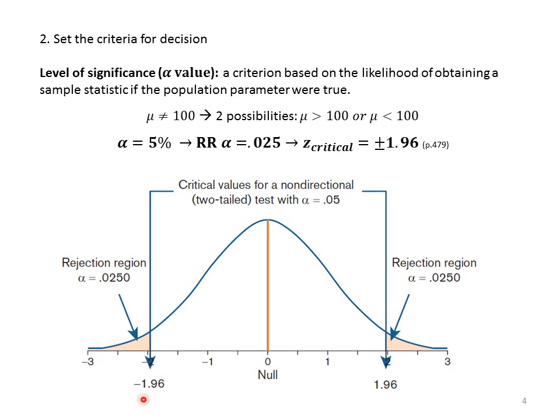But we know 103 is larger than 100, so it can only be in this area. So in step 2, we set the alpha level at 5% and find the critical value or cutoff value, 1.96.